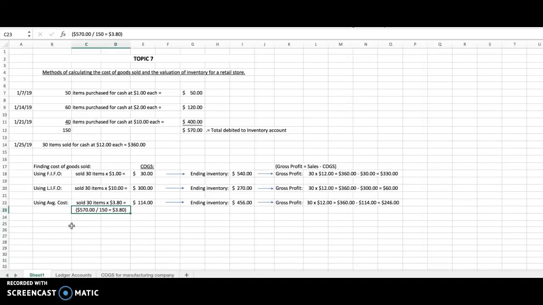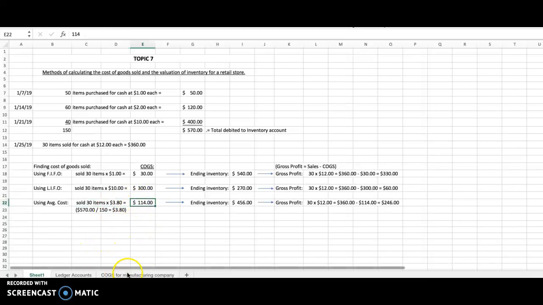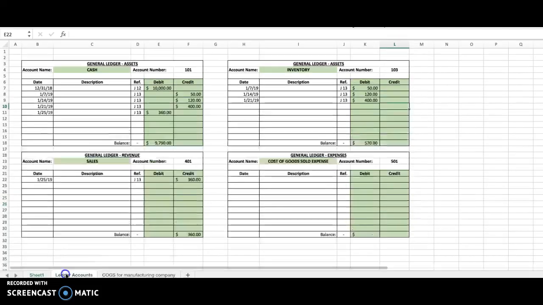You divide that, you get an average cost of $3.80. So those 30 items we sold cost us 30 times $3.80, $114. So that cost of goods sold entry would mean a debit to this expense account again of 114 and a credit this time of 114 using that method.